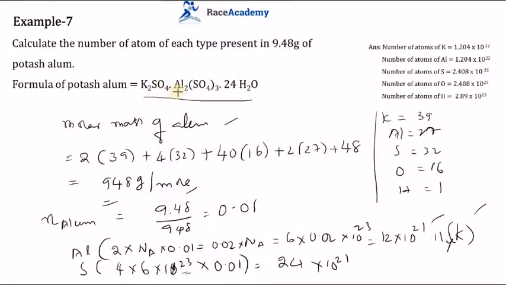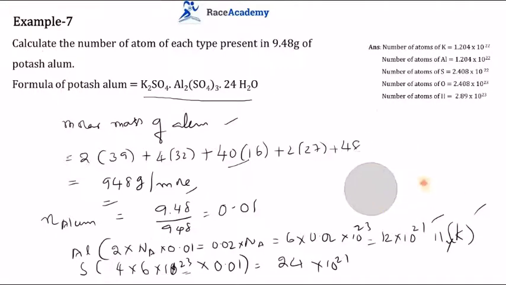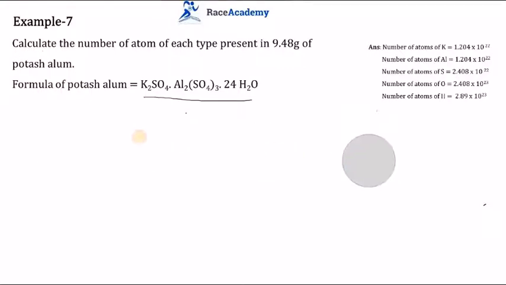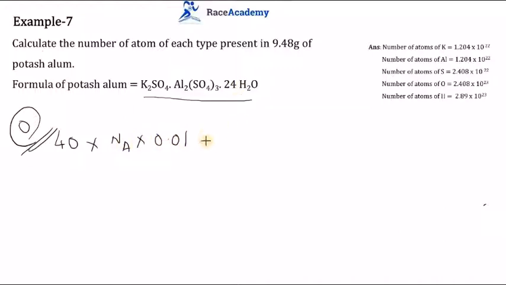In the same way, we can calculate oxygen also. In total we have 40 oxygens. That can be easily found using this calculation. 40 into Avogadro number into 0.01, the number of moles of alum.